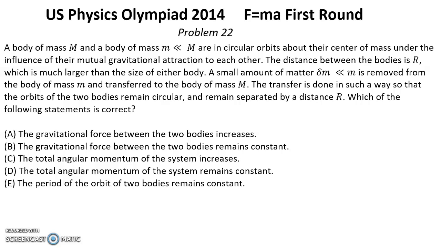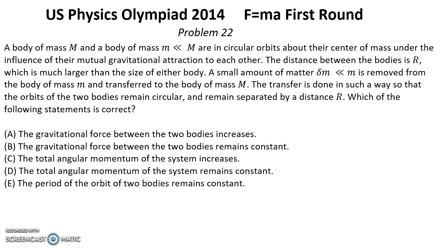A small amount of matter delta m, much less than small m, is removed from the body of mass small m and transferred to the body of mass big M. The transfer is done in such a way that the orbits of the two bodies remain circular and remain separated by distance r.